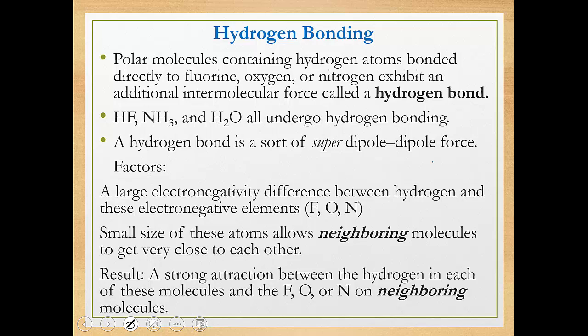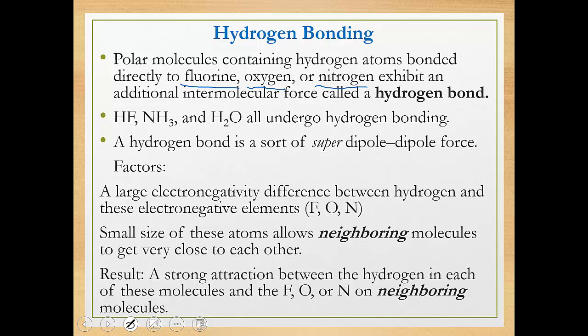All right, the last type of intermolecular force that we're going to talk about here is hydrogen bonding. Polar molecules sometimes contain hydrogen atoms that are bonded directly to highly electronegative atoms such as fluorine, oxygen, or nitrogen.